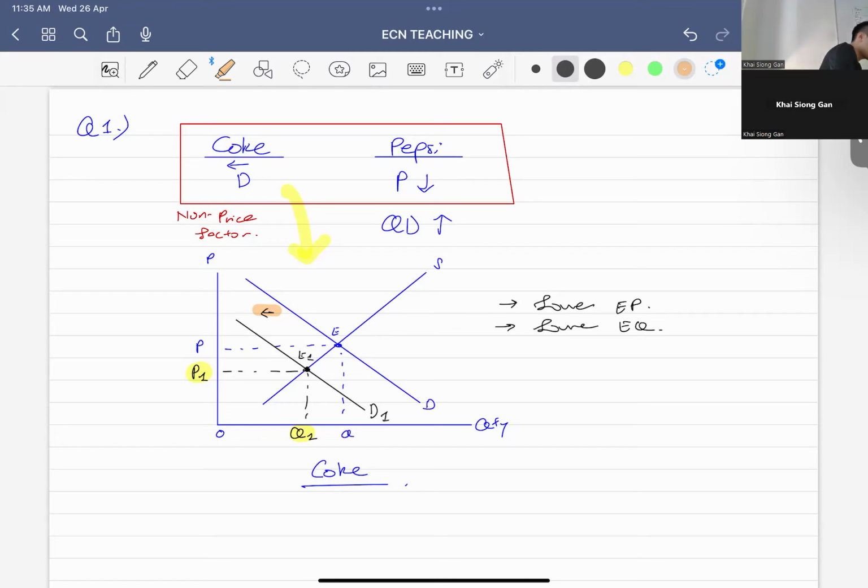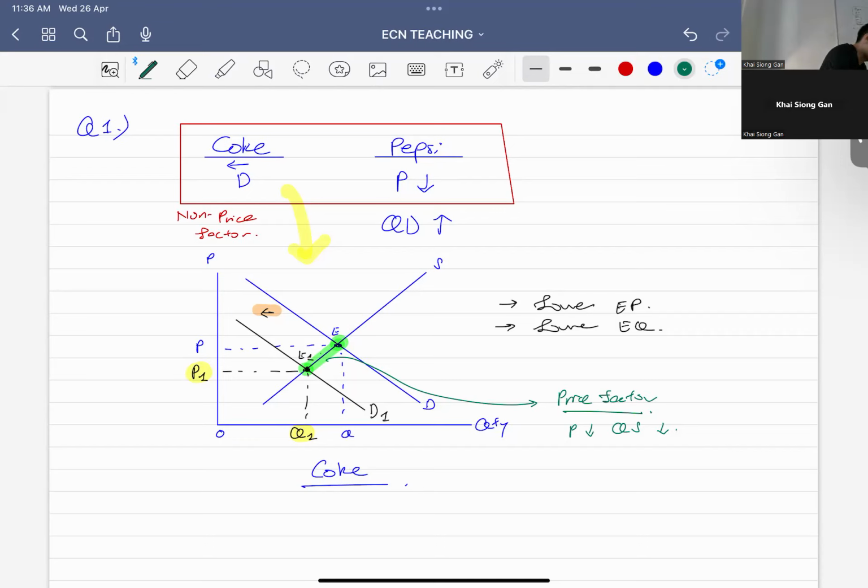From point E to point E1, do you realize there's a price factor for the supply curve? The demand curve has shifted, but the supply curve has no shift. But if you look at this part, there is a price factor for supply. Correct or not? Because the price goes lower, quantity supplied goes lower. So there is a price factor for supply, but not for demand.